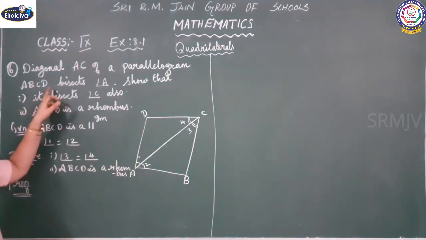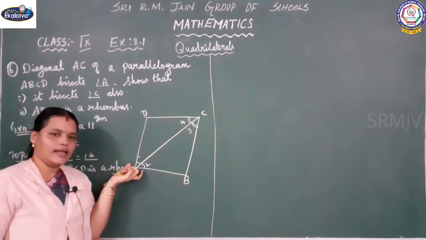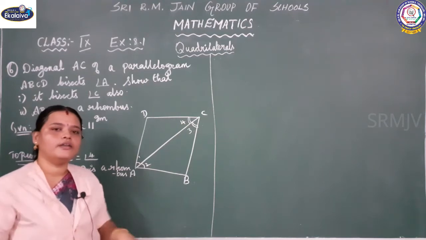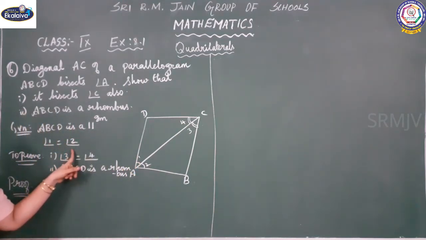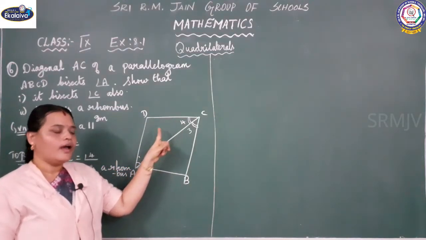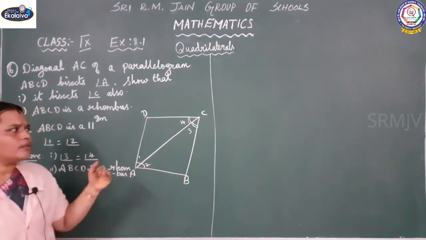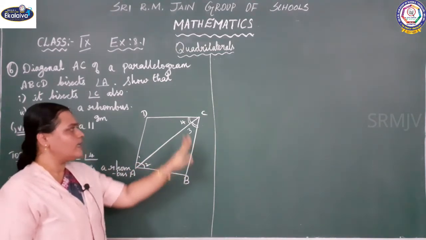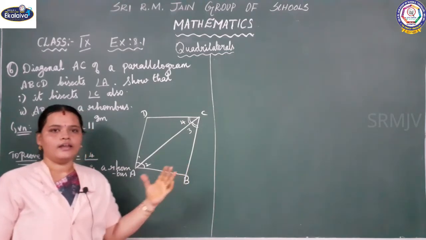And the next thing given is that diagonal AC bisects angle A. Bisect means divided into two equal halves. So angle 1 is equal to angle 2. And we have to prove that angle 3 is equal to angle 4, and we need to show this parallelogram is a rhombus. In the previous sum we did, to show a parallelogram is a rhombus, we need to show that adjacent sides are equal.